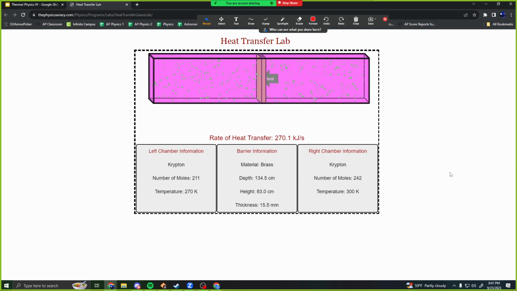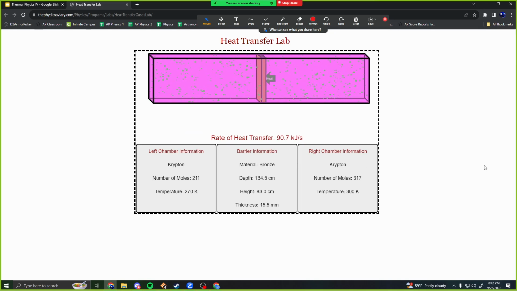Let's see, if I increase the amount of molecules, I'm going to obviously continue to do that. What would really happen is that this temperature should also be getting greater as I do that, or if I increase the temperature, they should be moving faster. Okay.